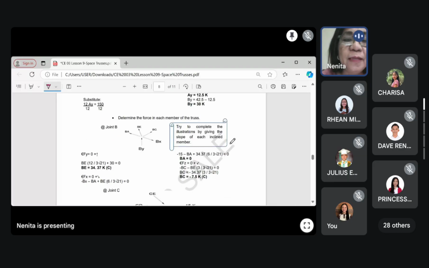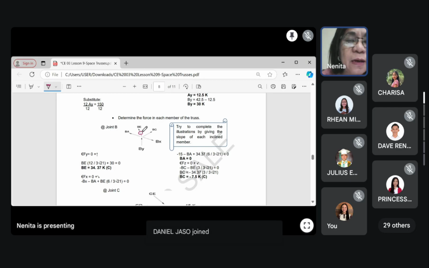So, take note that to complete the illustrations, ang i-consider ninyo ay ang ating slope. So, sinabi ko daan na try to complete the illustrations by giving the slope of its inclined member. Diba, na naman tayo mga slope. Asa natin kukunin ang slope?